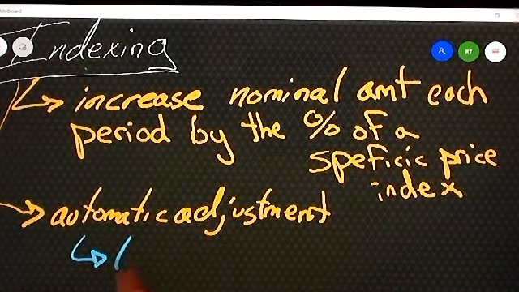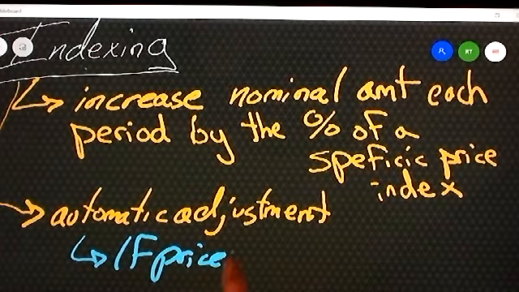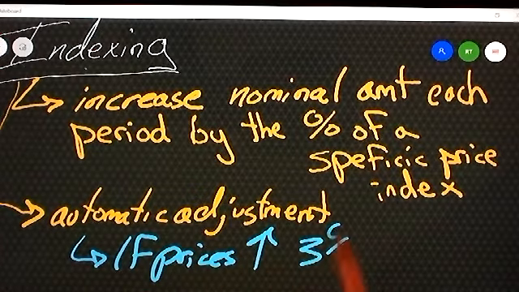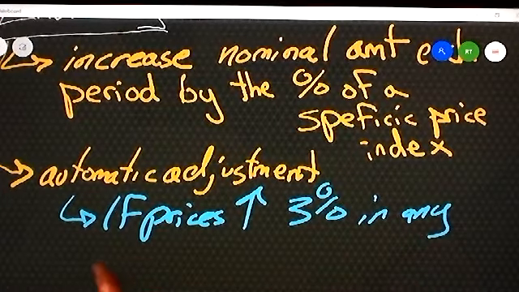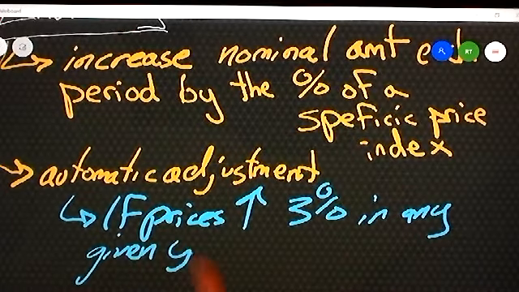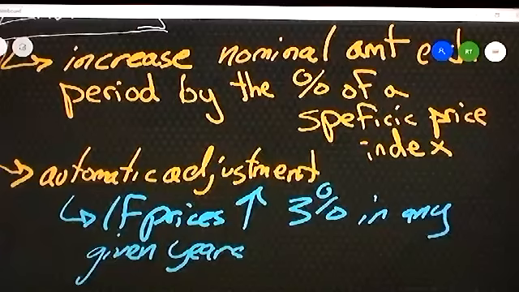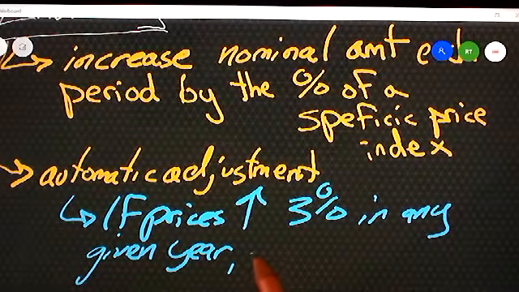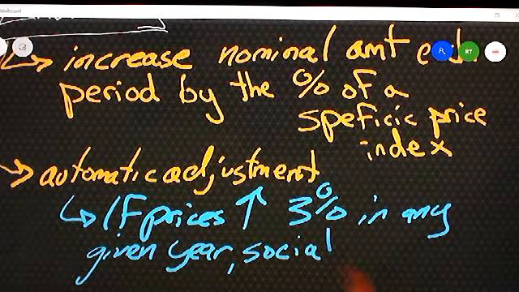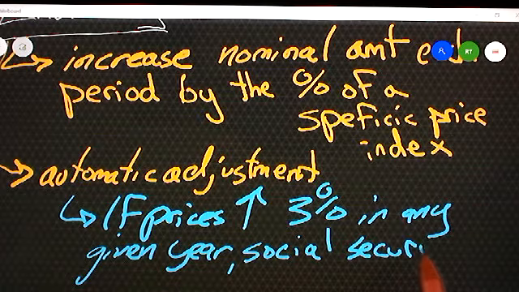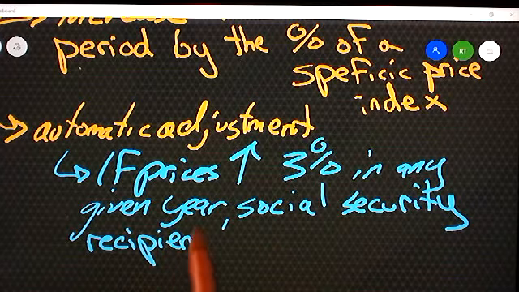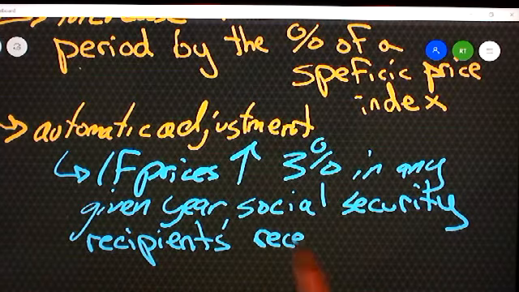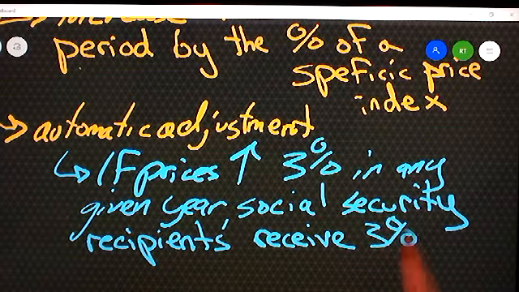So, if the prices increase 3% in any given year, then Social Security recipients, all of our grandparents, and my parents, because I've got old parents, receive 3% more.